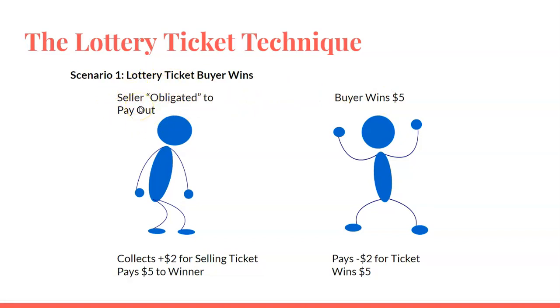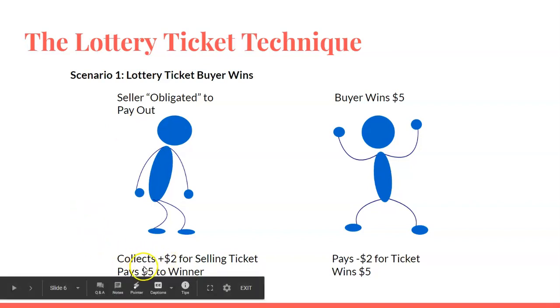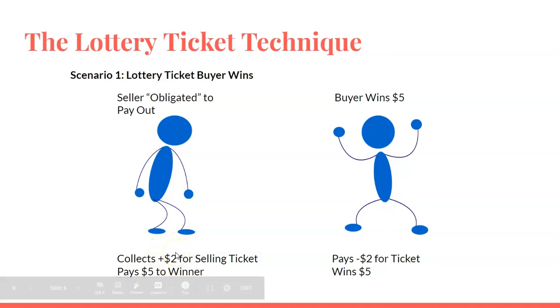Let's just say it's a convenience store guy who sells the player his lottery ticket. So the convenience store guy has to pay out $5, and on a net basis, he's going to be losing $3, because he at first collected $2 for the ticket from the player, and then later had to pay out $5.